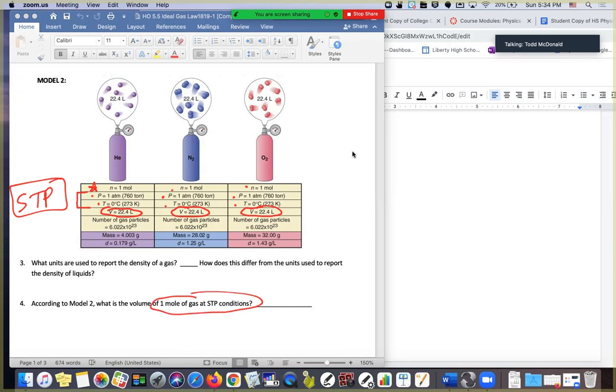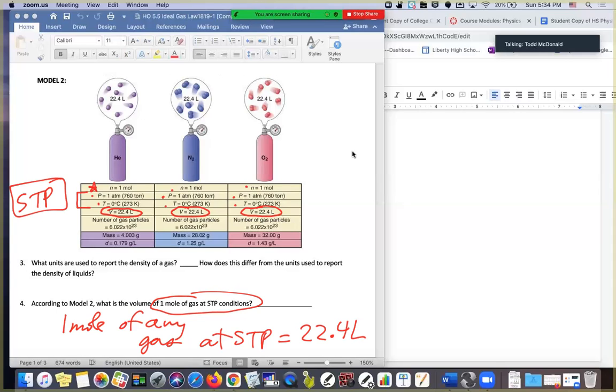One of the big points of this handout is that 1 mole of any gas at standard temperature and pressure is equal to 22.4 liters. And we'll come back to that a little later in the unit with gas stoichiometry. That's a really important number for you to remember. 1 mole of any gas at STP is 22.4 liters, okay? And it doesn't matter what the gas is, okay?